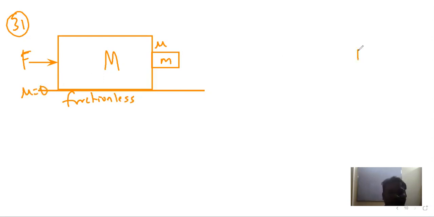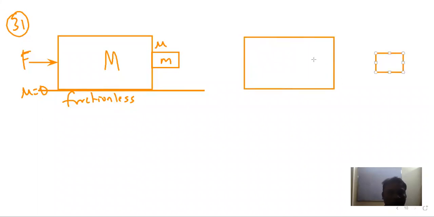Let us draw the free body diagrams of each block. So for capital M, one force is mg. Here we have normal reaction like this. This is capital M, this is small m.